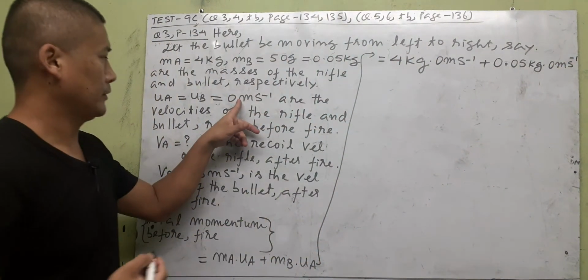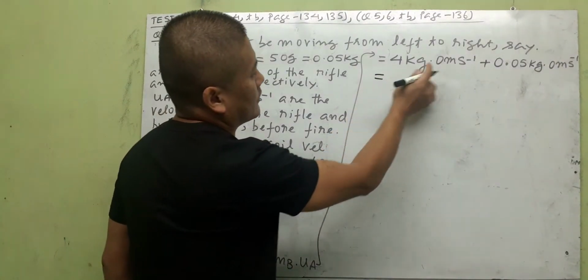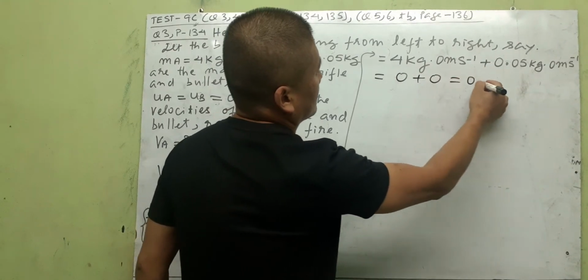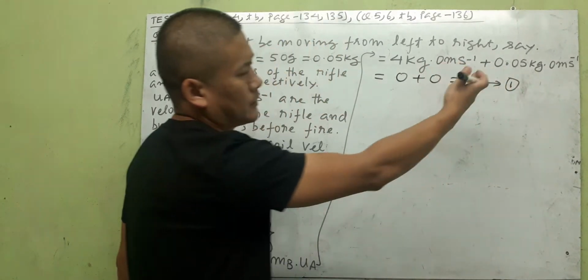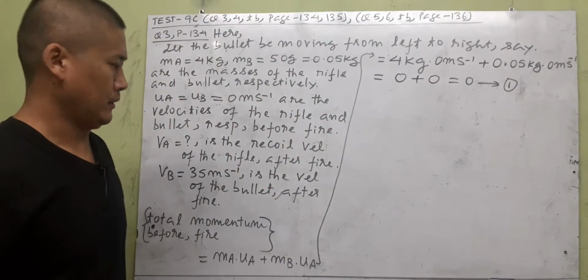As you can see here, UB is also 0 meter per second. So 0 into anything, everything will become 0, so that is 0. Let us just put 0 kg meter per second, or just write 0 is also fine.